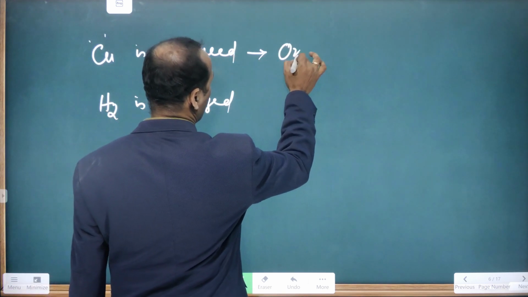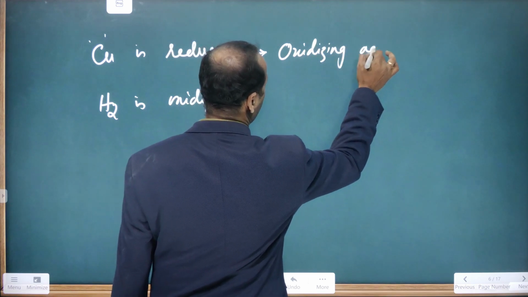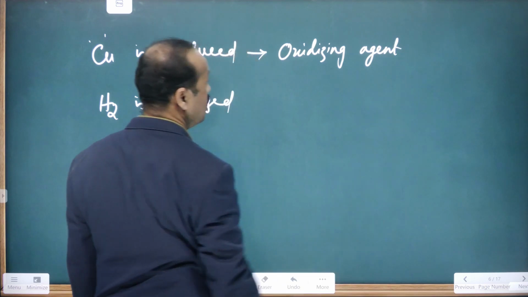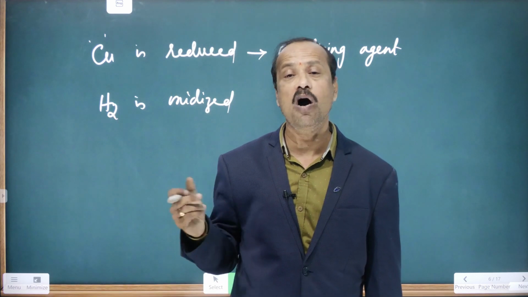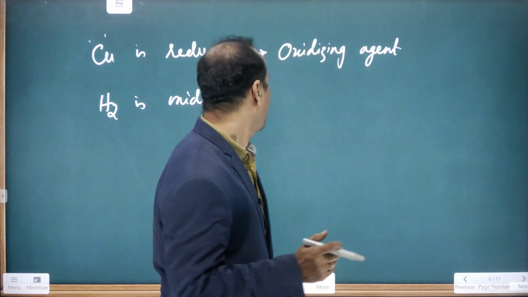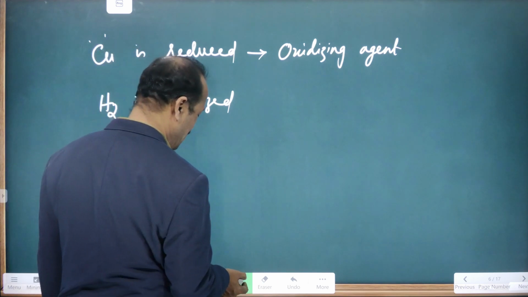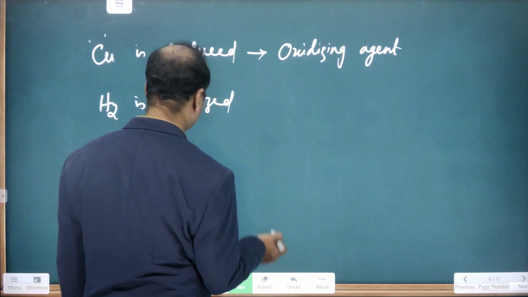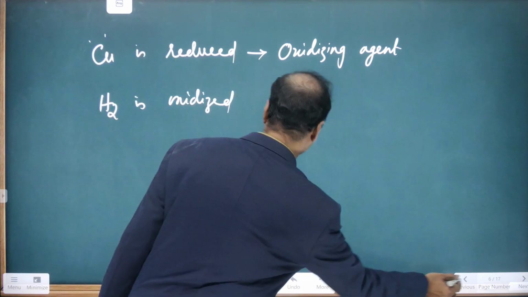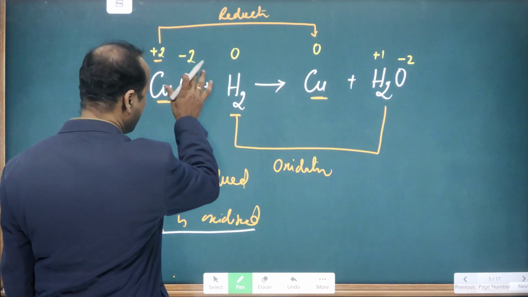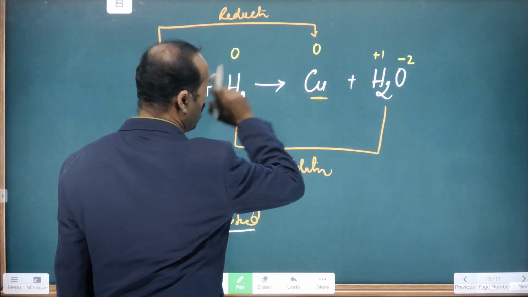So this is also called an oxidizing agent. What is it called? Oxidizing agent. That which helps for oxidation is called an oxidizing agent. Now hydrogen is oxidized. Hydrogen is oxidized means it has taken oxygen from the copper oxide, and due to that copper oxide is reduced to copper.